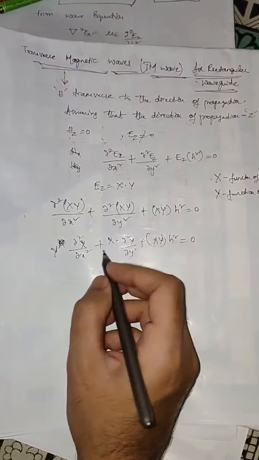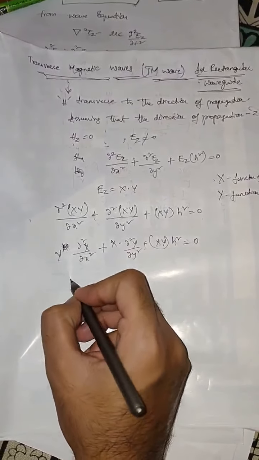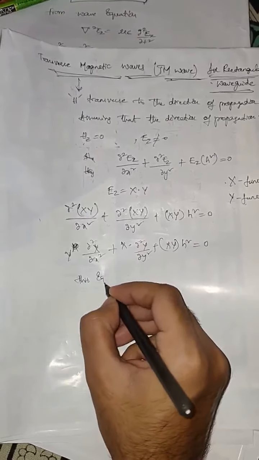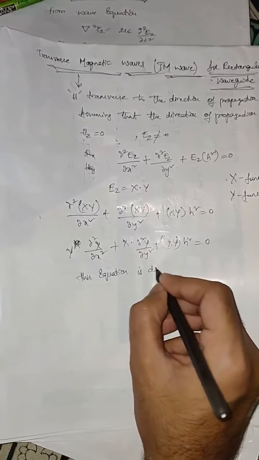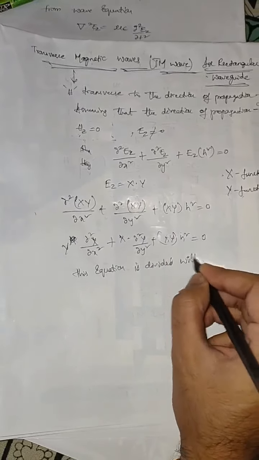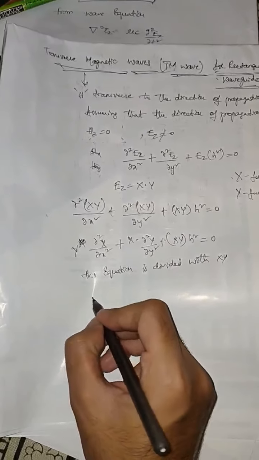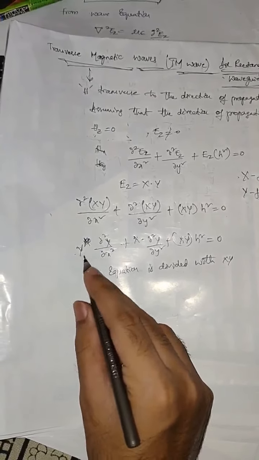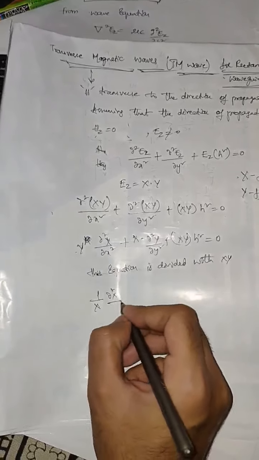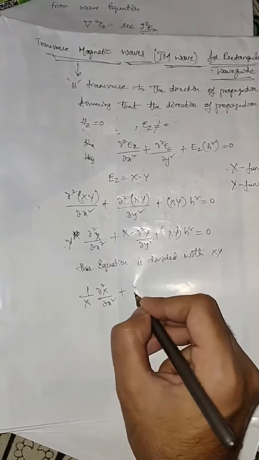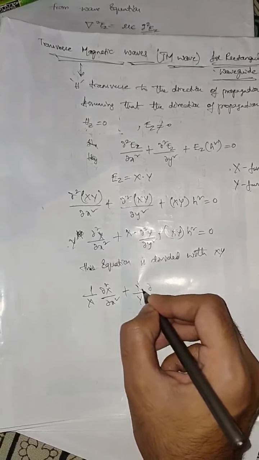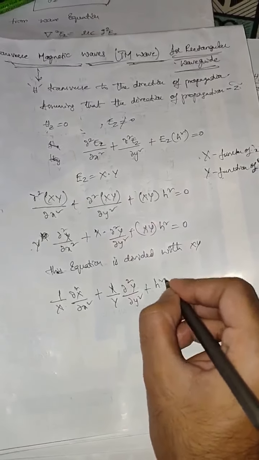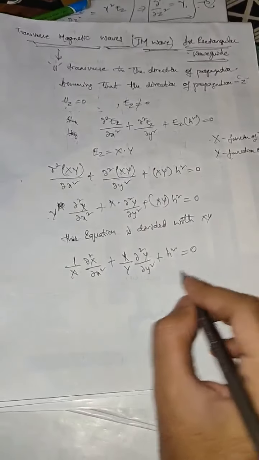Now we divide this equation by XY. After division we get 1 by X times d squared X by dx squared, plus 1 by Y times d squared Y by dy squared, plus h squared, is equal to 0.